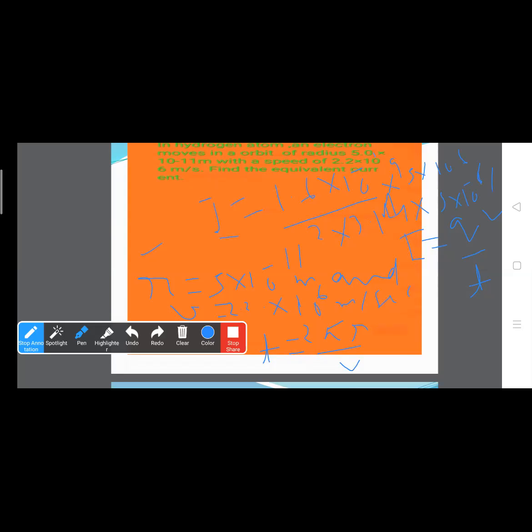Clear? On solving this equation, we find the value of current, which is 1.12 into 10 raised to power minus 3 ampere. I think this numerical is clear to you.